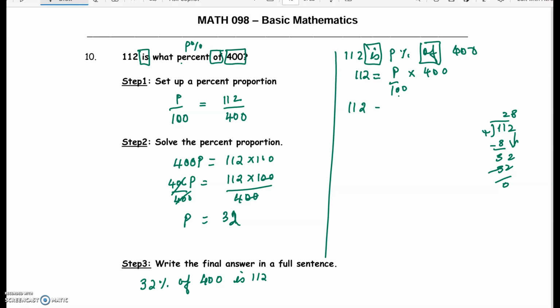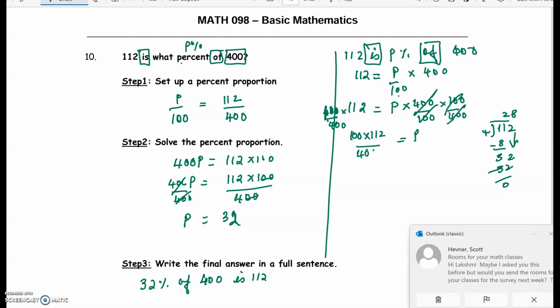How do we get rid of both together? We'd have to multiply with 100 over 400, which is the reciprocal. Dividing by a 400 over 100 is the same as multiplying with a 100 over 400. And we get the exact same answer because these two cancel, and we get P equals 100 times 112 over 400.